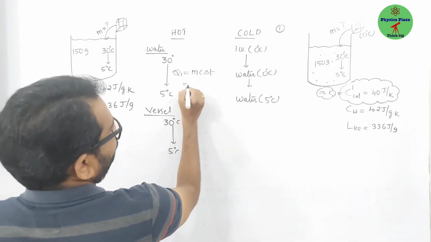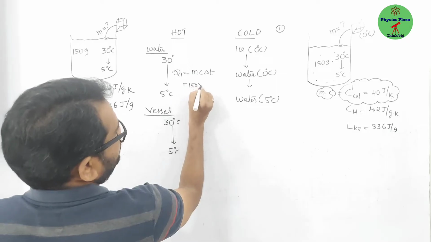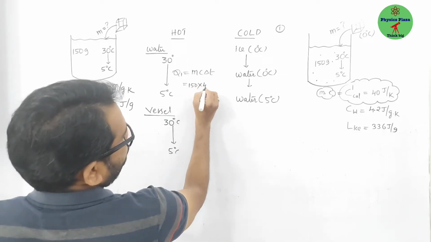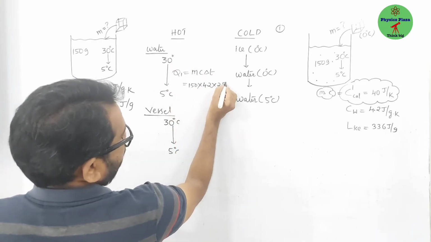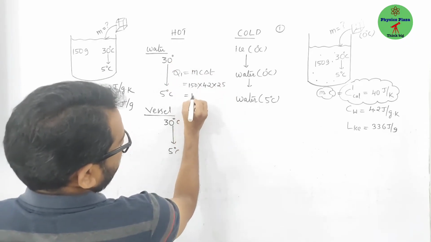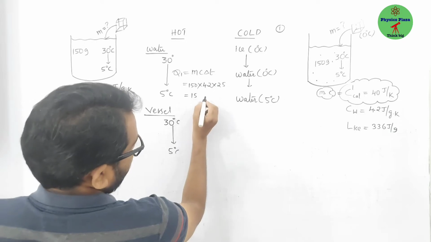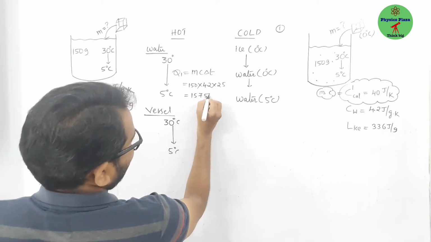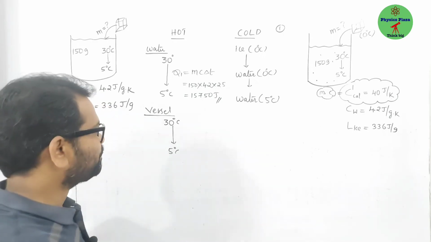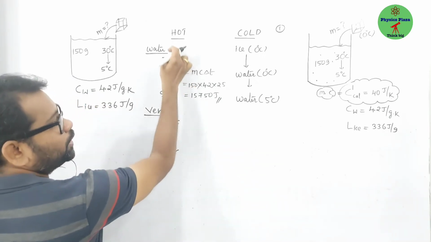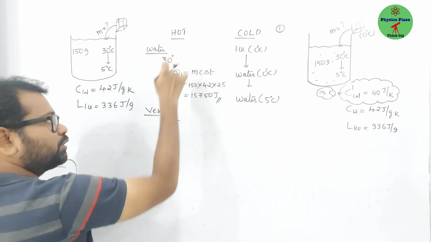Mass is 150, specific capacity is given as 4.2, ΔT is 30 minus 5, 25. Simplifying, we get 15,750 joules. This is the heat lost by the water to go from 30 to 5 degrees.